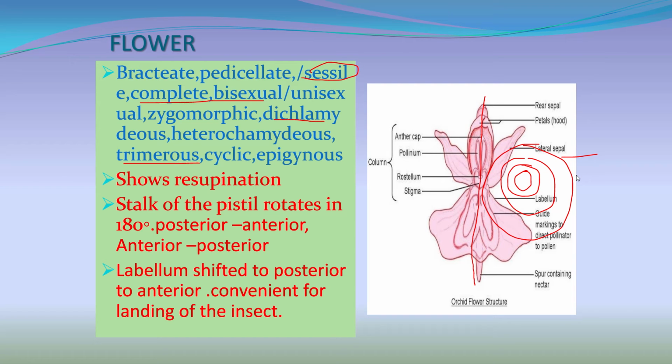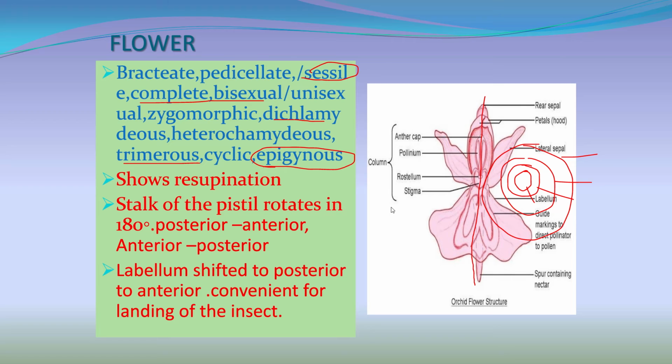So the outer whorl is calyx, then corolla, androecium, gynoecium. These four floral parts are arranged in whorls, called cyclic. Epigynous means the floral parts of the flower other than the gynoecium are arranged above the gynoecium. That type of flowers are called epigynous flowers.